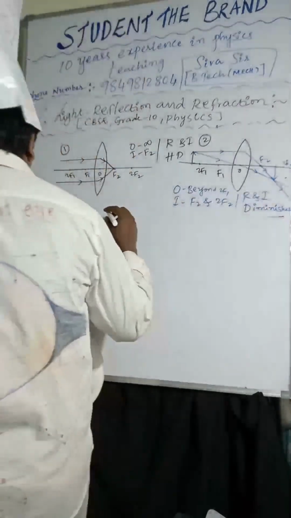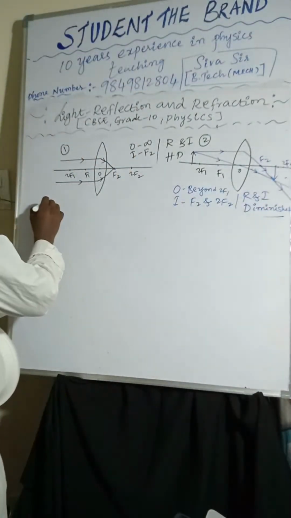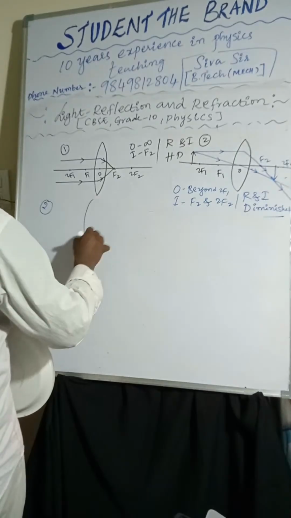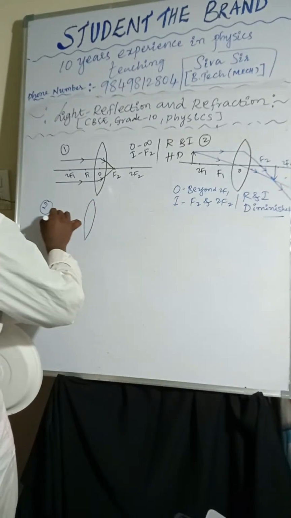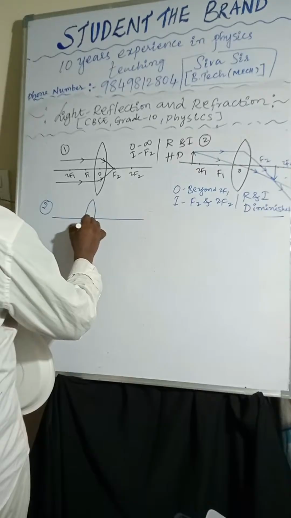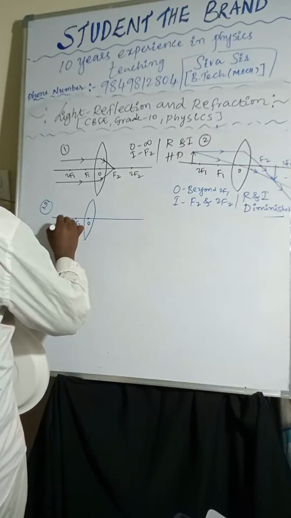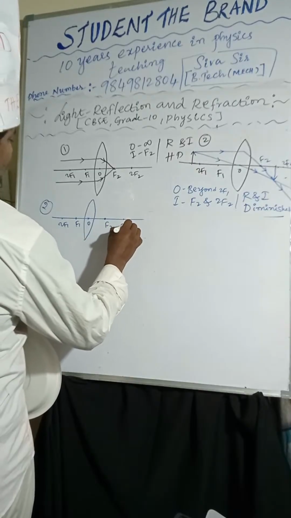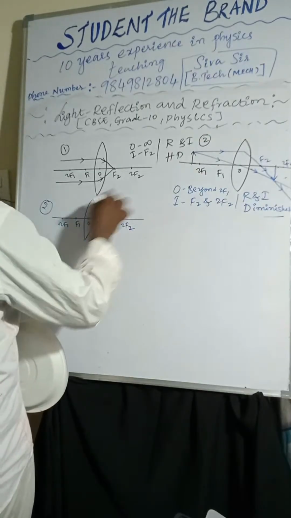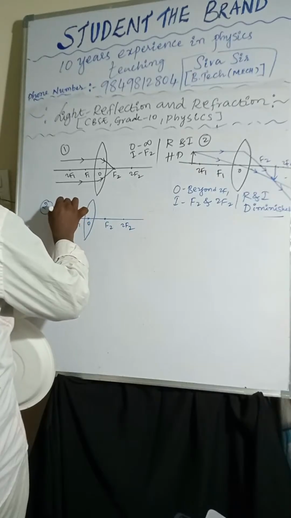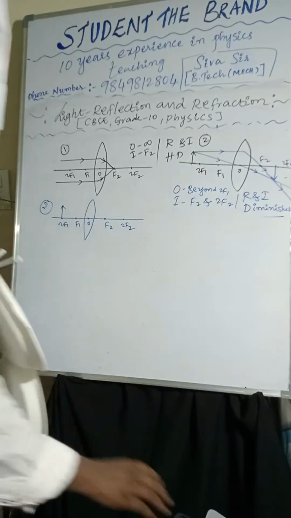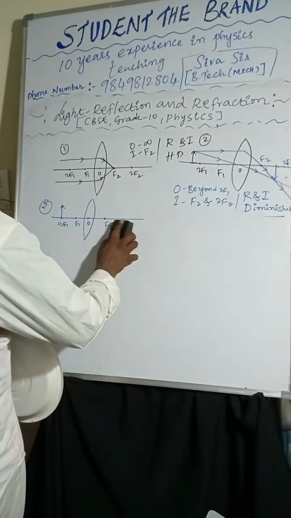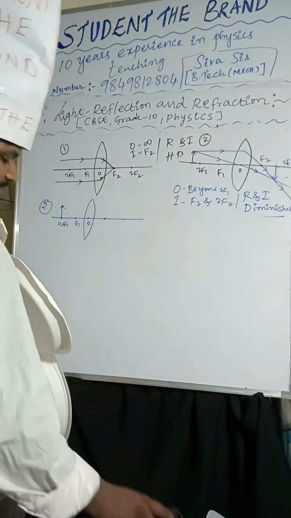Next, the second image formation I'm taking here. Optic center, F1, 2F1, F2, 2F2. The object is placed at 2F1, and the image will form here.